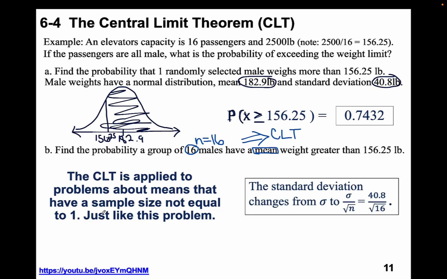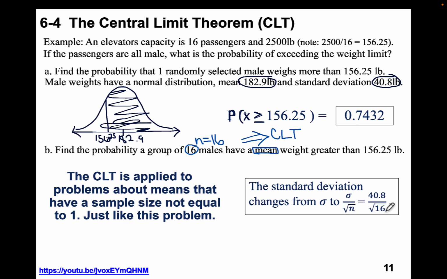So what we have to do is take the standard deviation and change that from sigma to sigma over the square root of this new sample size. That would be our 40.8 divided by the square root of 16.